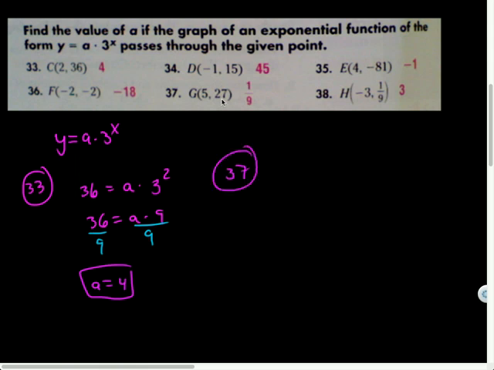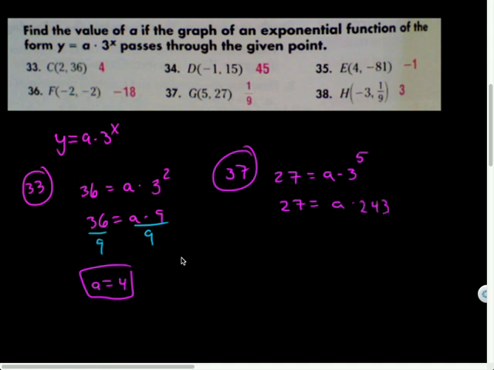So we'll plug in 27 for y. We're looking for a, and we'll plug in 5 for x. So plug in what we know, solve for what we don't. 3 to the 5th, what's that, 243, I believe. Yeah.